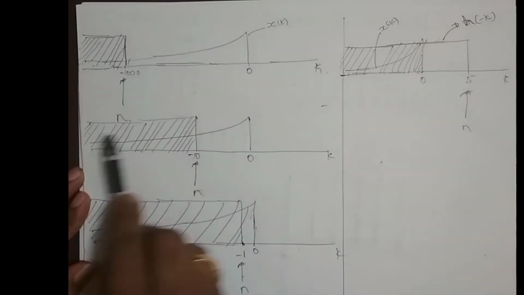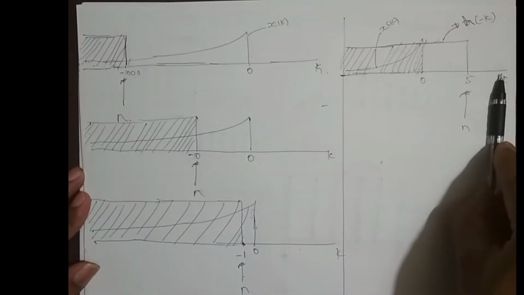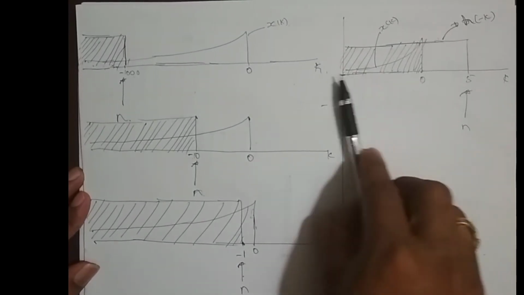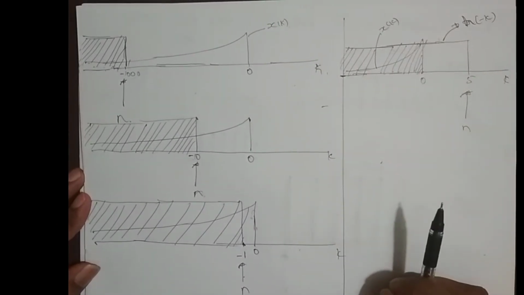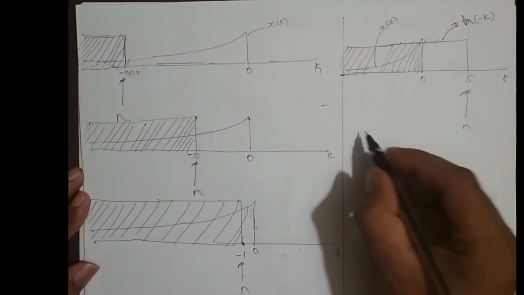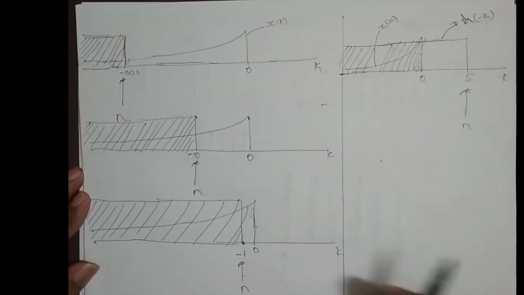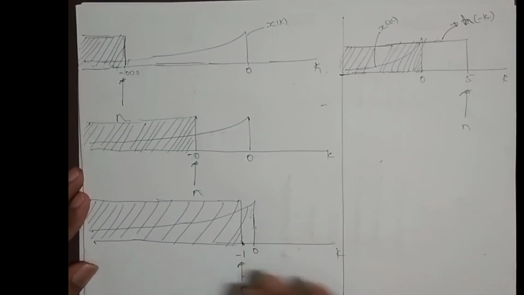Whereas after 0, wherever you keep your slider till infinity, the overlap region will be constant. So there are two regions now: from minus infinity to 0, and from 0 to plus infinity. I hope we got convinced.